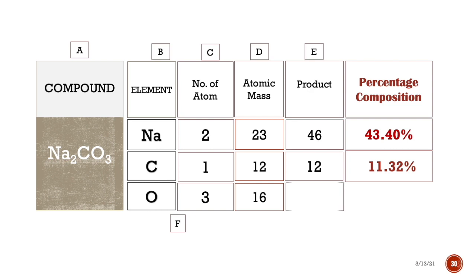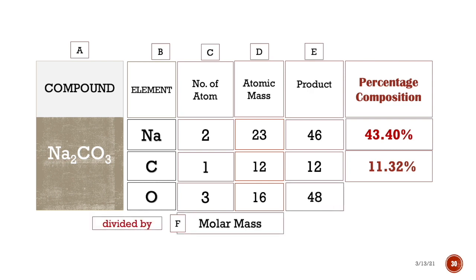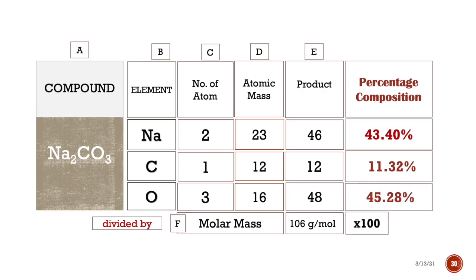For oxygen, 48 divided by 106 times 100 equals 45.28%. Adding up all the computed values will give you 100%.